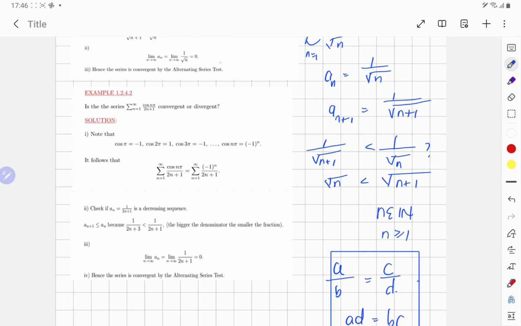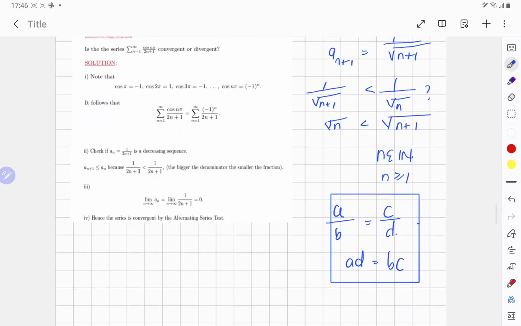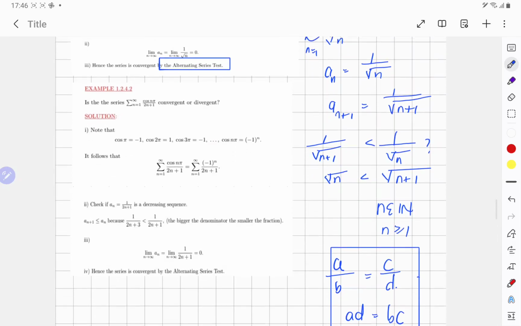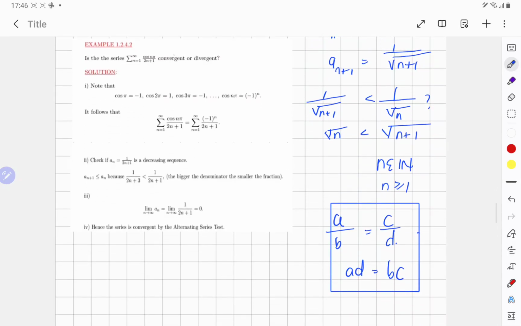Please make sure in your tests and in the exams you do say that the series is convergent by whichever test you're using. Now the next example is very, very important. We want to know whether or not this series is convergent.